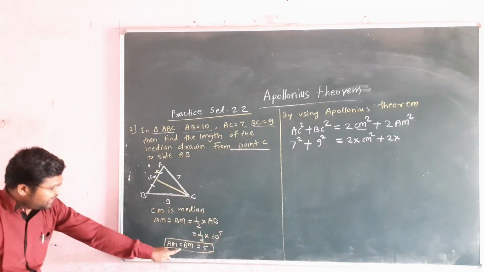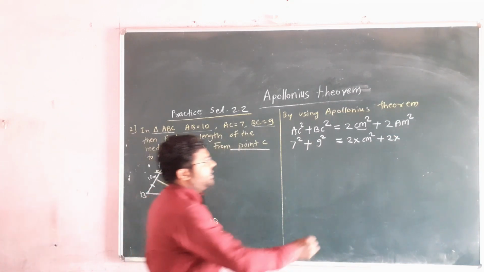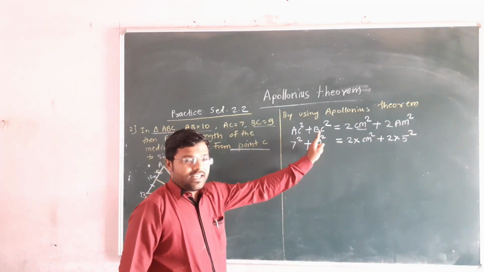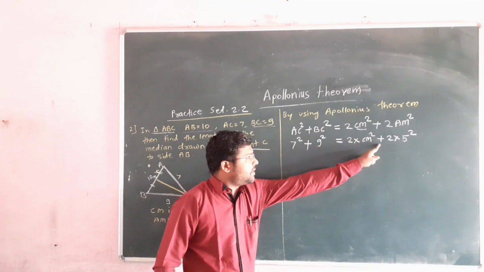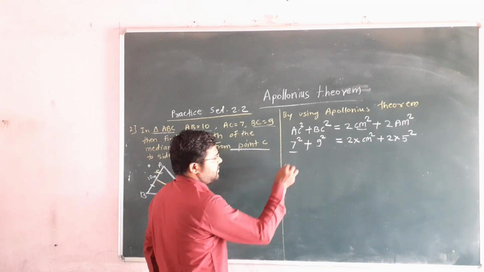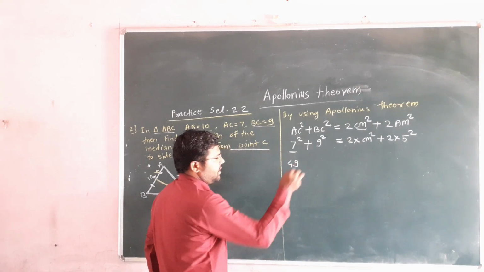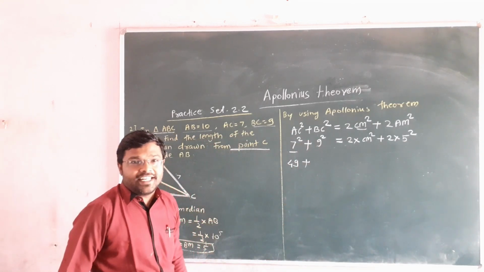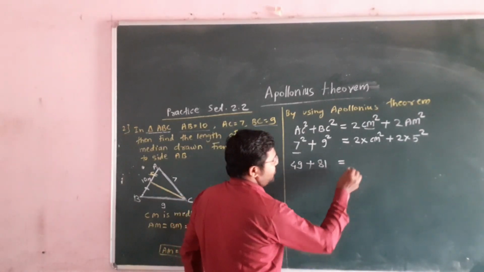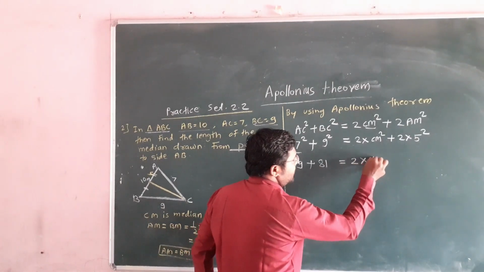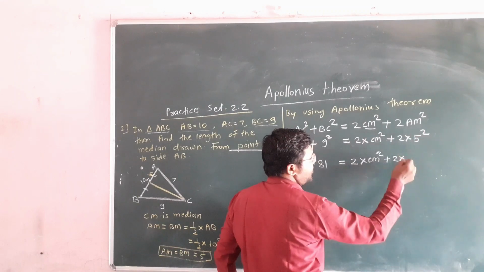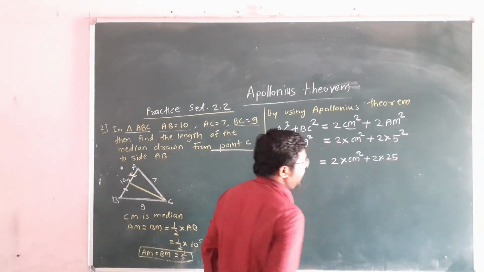AM we found here is 5, so write here 5 square. Okay, 7 square plus 9 square is equal to 2 into CM square plus 2 into 5 square. Now the square of 7 is 49, plus square of 9, which is 81, is equal to 2 into CM square plus 2 into square of 5, which is 25.